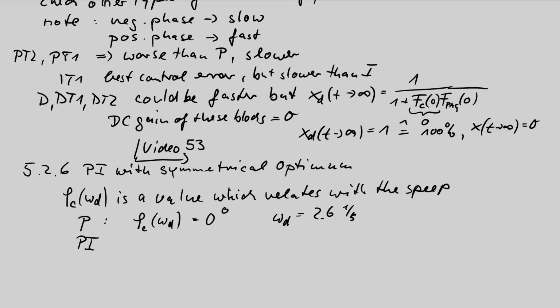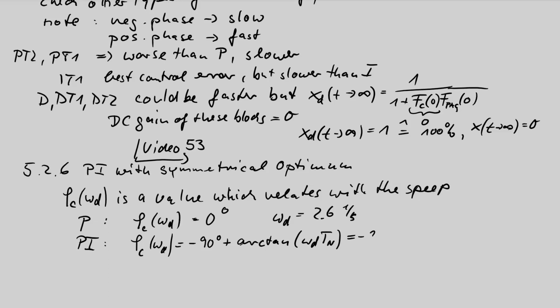PI with pole compensation, phi c at omega d is, let's calculate this, minus 90 plus arc tangent omega d Tn.